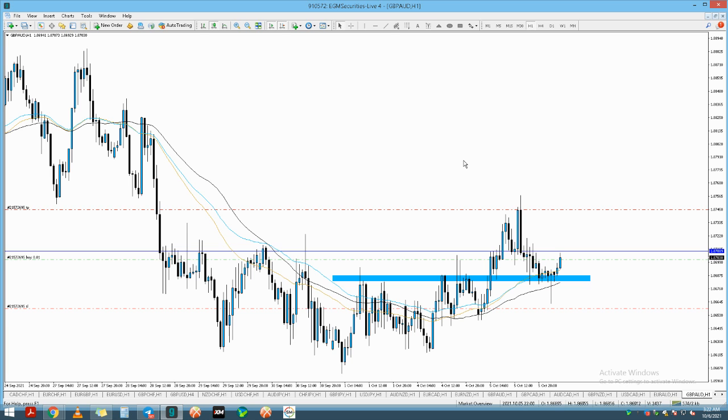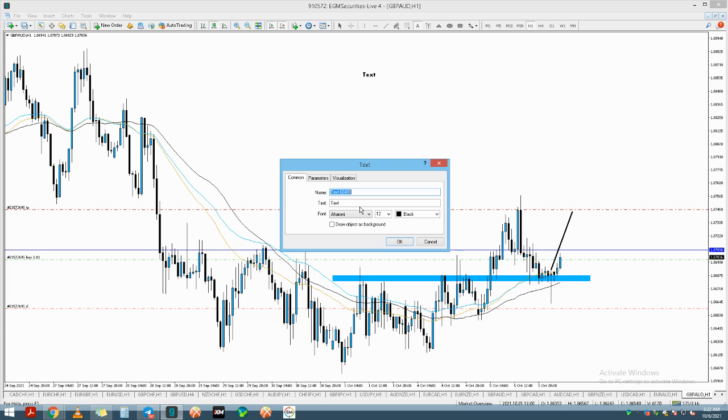So there is a possibility we might get another push upward. Our first reason is break and retest.